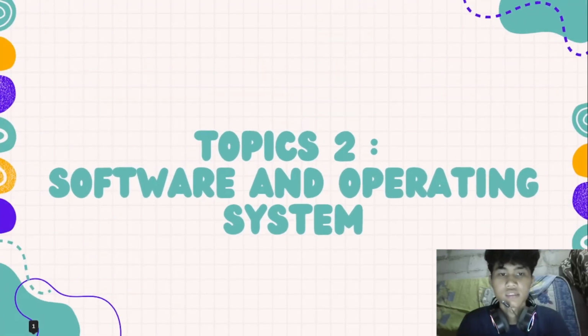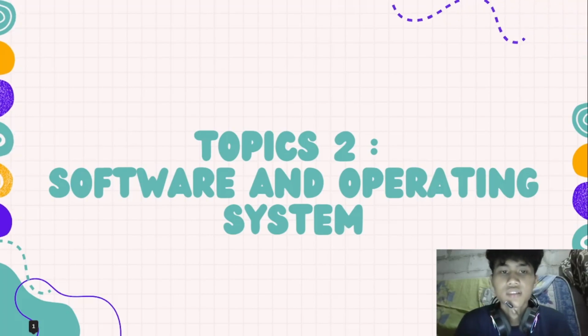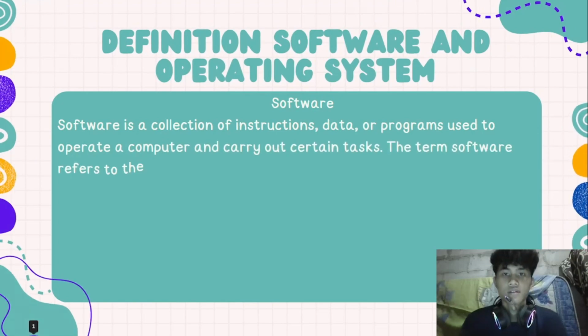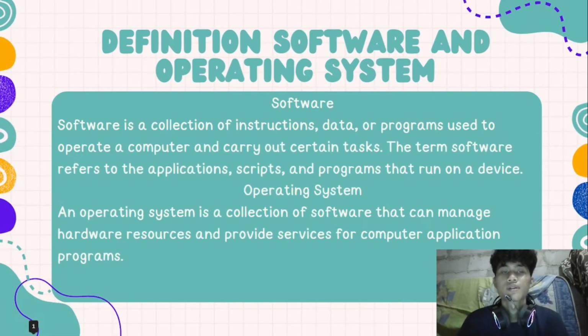And this slide, topic 2, software and operating system. Definition: software and operating system. Software is a collection of instruction data or programs used to operate a computer and carry out certain tasks.